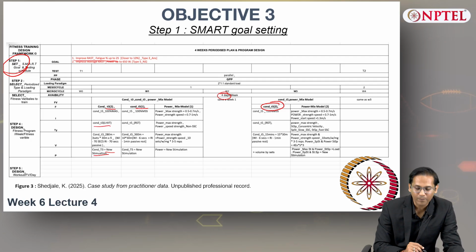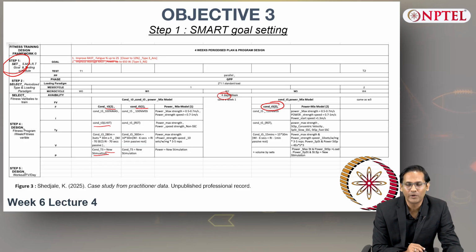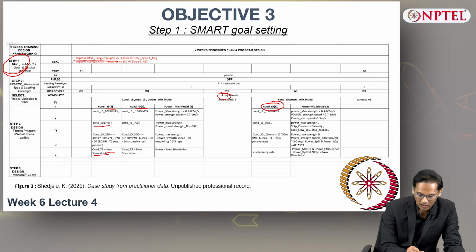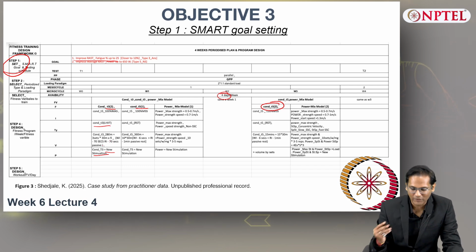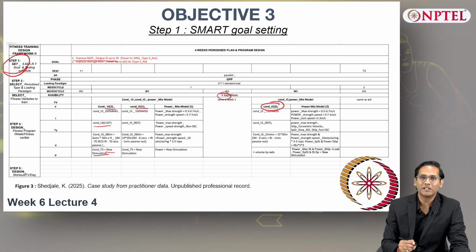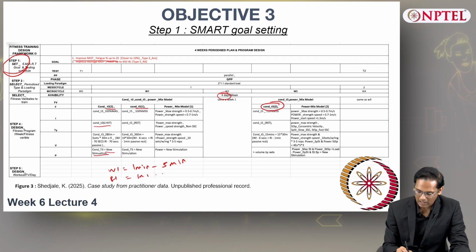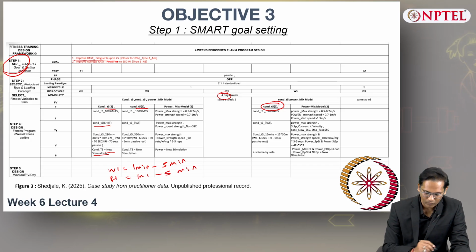The type of training chosen is long HIIT. Now the volume: when we say long HIIT, it means the work interval is minimum 1 minute and maximum 5 minutes, and the rest interval can be minimum 1 minute and maximum 5 minutes.